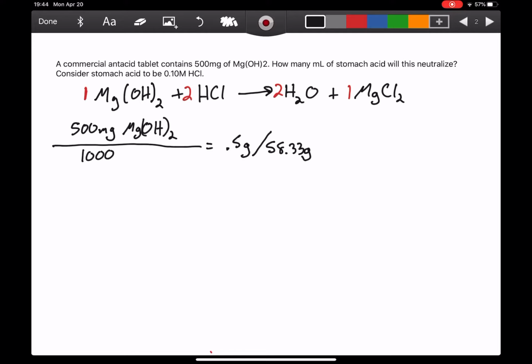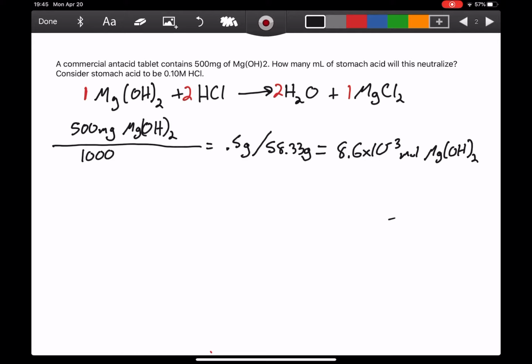So this is going to allow us to go from grams of magnesium hydroxide to moles, because that's what we're solving for here. If you have a mass of a substance and you want to find out how many moles you have, you just divide by the molar mass. So 0.5 divided by 58.33 is going to be 8.6 times 10 to the negative third. Now this is going to be moles of magnesium hydroxide.